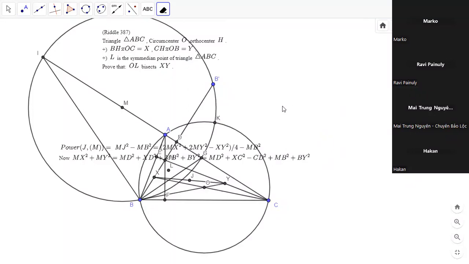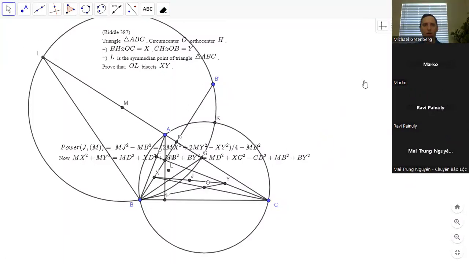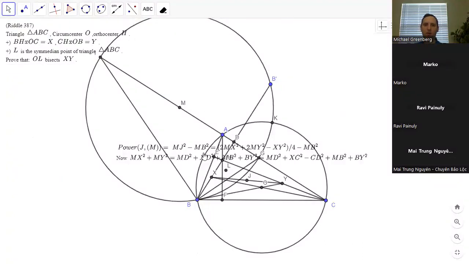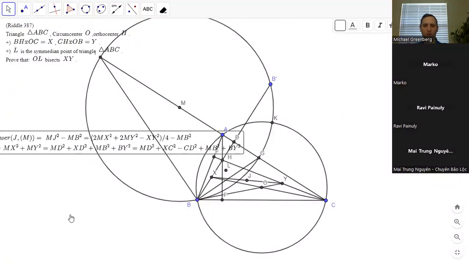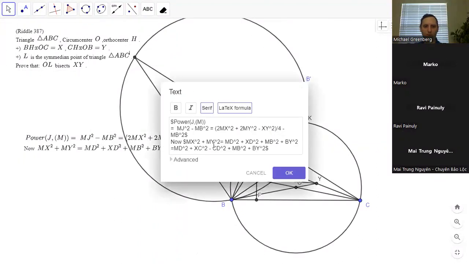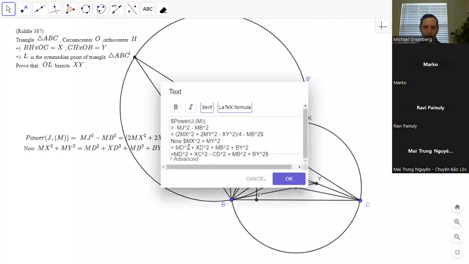But let's see if we can do it this way. I'll add some LaTeX in just a second, so it looks better.